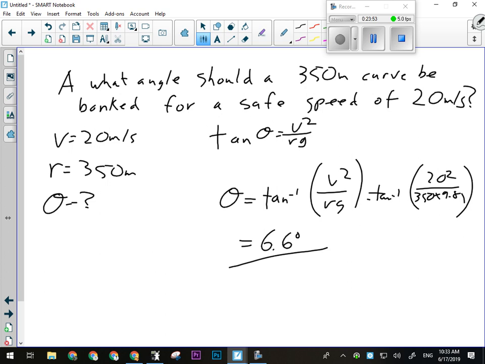Okay, what else? Satellite motion, we have to substitute.